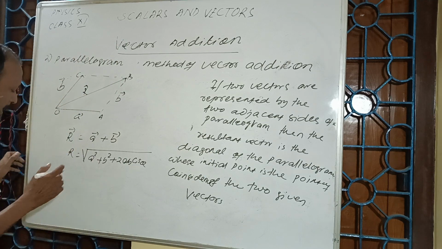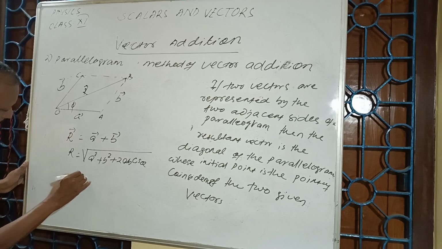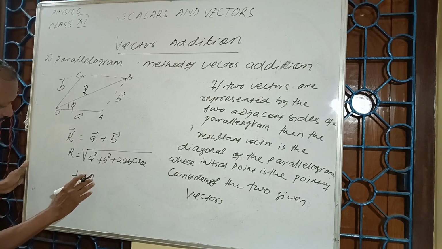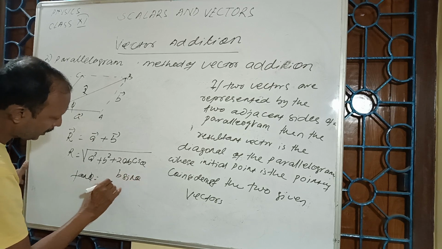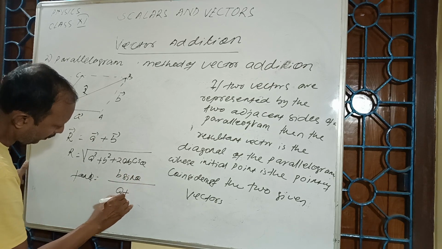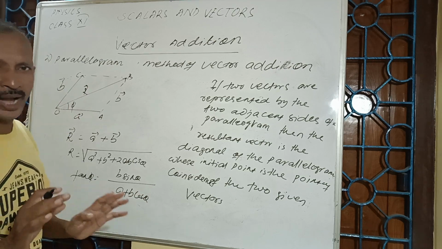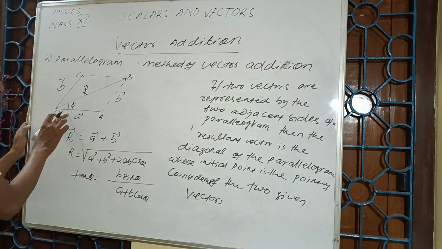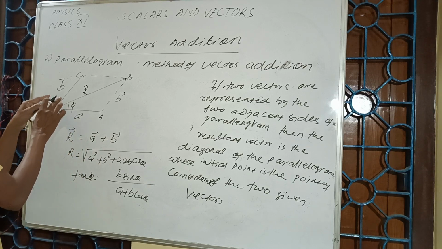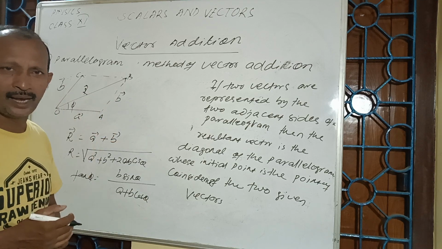And what about the angle? If this angle is equal to phi, then I can write tan phi is equal to B sin theta divided by A plus B cos theta, like the triangle law, because I converted these two sides as the sides of a triangle.